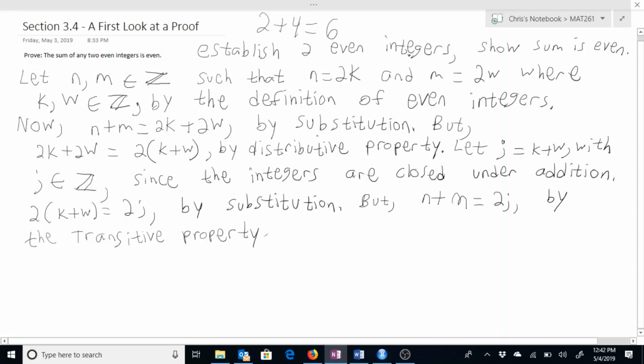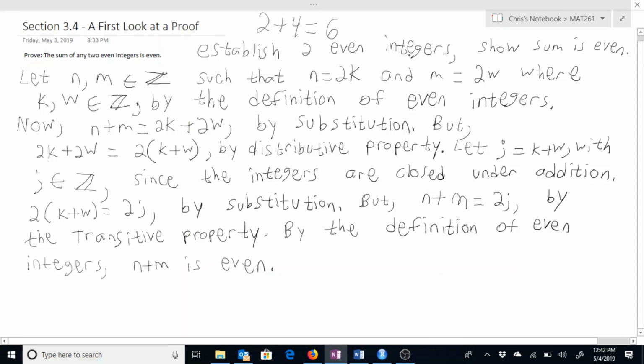But by the definition of even integers, this then means that n plus m then is even, which shows that the sum of those two even integers is even.